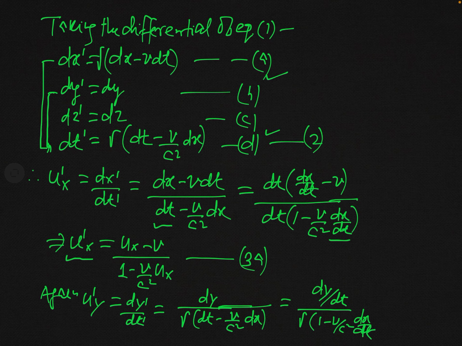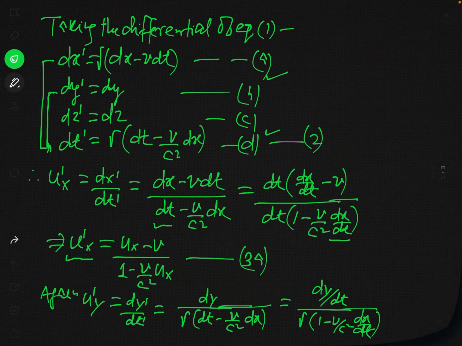You can see this dy by dt is simply uy, and this dx by dt is ux.